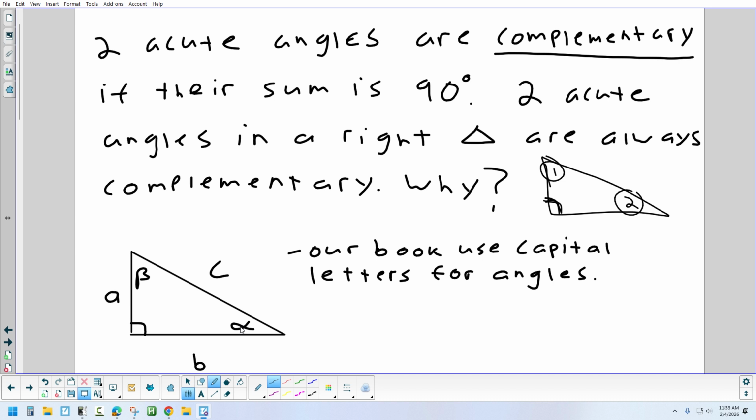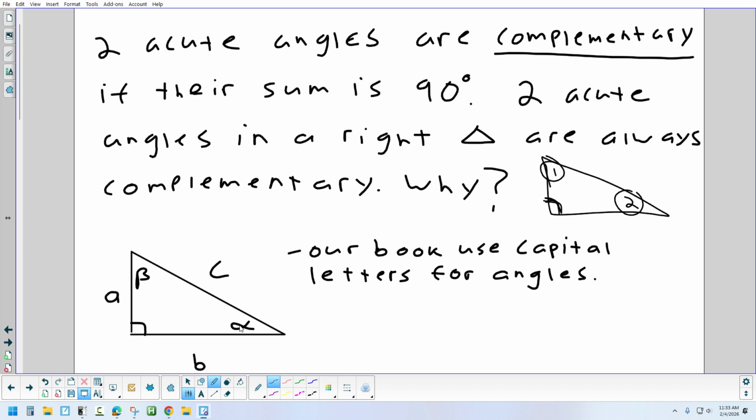Sigma? No, it's not a sigma. Sigma is used in math. Not in this class. Well, actually, when we get to chapter 11, we use that. But it's totally different. So no sigma here. Is that alpha? That's an alpha. So we have alpha across from A.